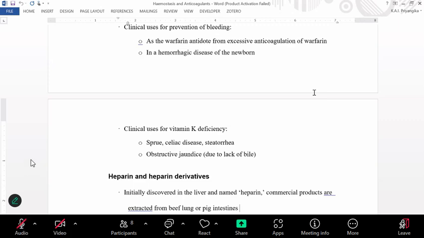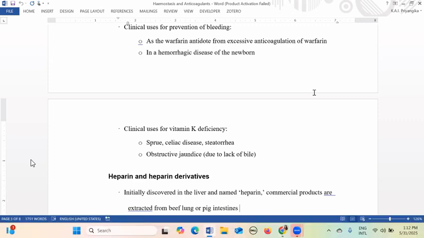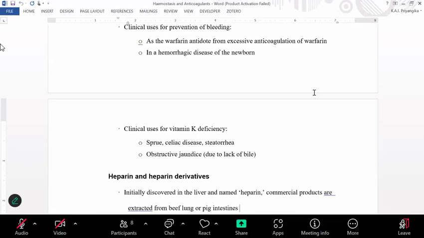Using gram-positive bacteria, we can synthesize vitamin K, and we use that vitamin K. So how about the absorption of vitamin K? What sort of compound is it? Is it water soluble or lipid soluble? It's a lipid soluble vitamin. So to absorb that, what do we need? Bile salts are required.